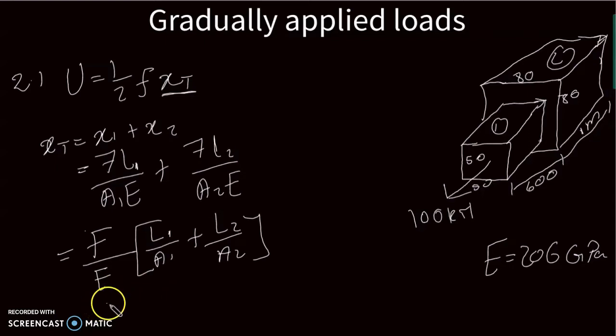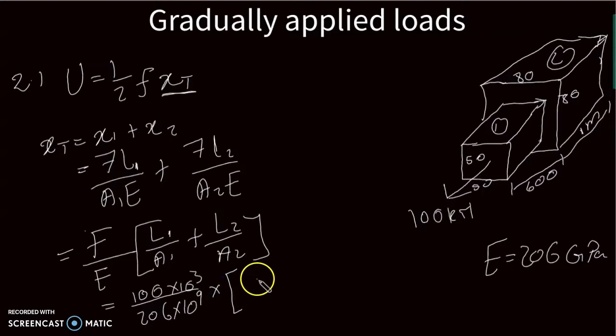And then from here we are going to substitute. Our force is 100 times 10 to the power 3, which is kilonewtons. Our Young's modulus is 206 times 10 to the power 9, that's a giga, times our length number 1, which is 0.6 divided by the area, which would be 0.05 times 0.05, plus we come to this part.